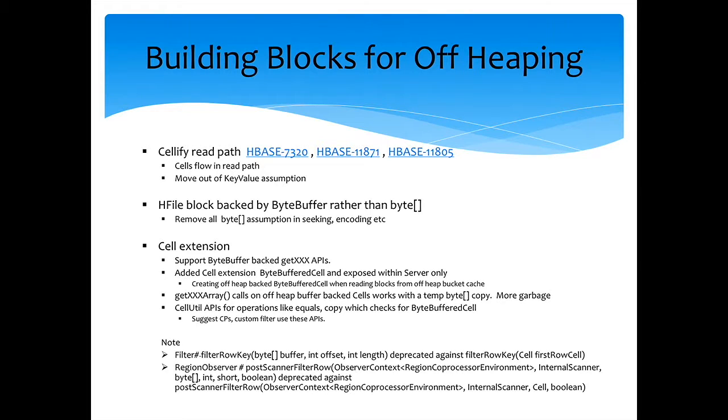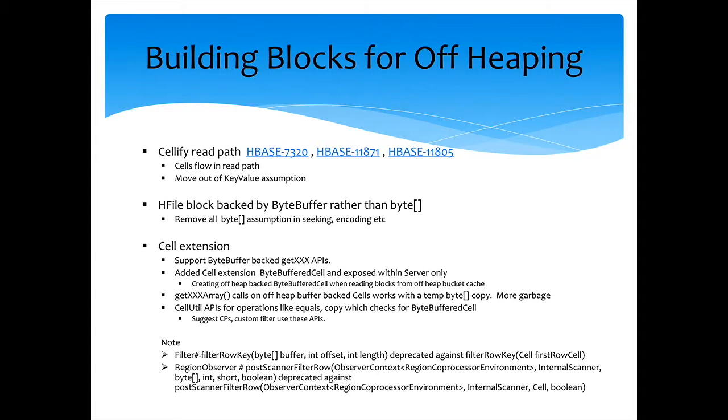So we extended the Cell to have a ByteBufferedCell, a new abstraction, in which we added the equivalent of getRowArray, getXXXArray, a getByteBuffer also, which can directly return a byte buffer. This is there only in the server. In the client end, you will never see that kind of cell type.